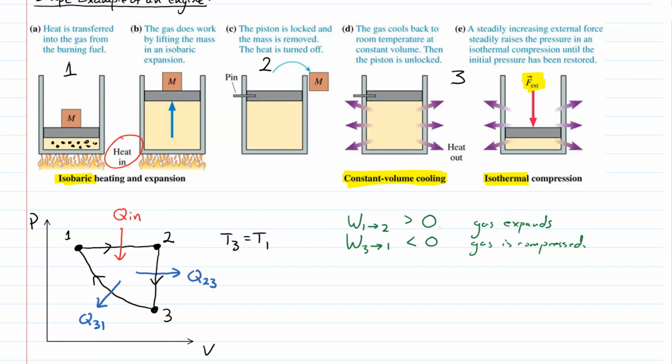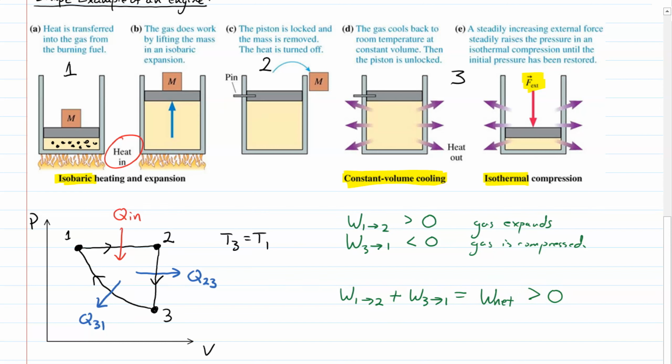I had to put some work into it in order to push it back to its initial position. But the amount of work that I needed to do is less than the amount of work that the gas did. Okay. So I got some net work out of it. W1 to 2 plus W3 to 1, let's call this the net work, is positive.